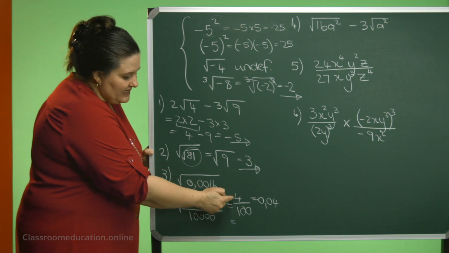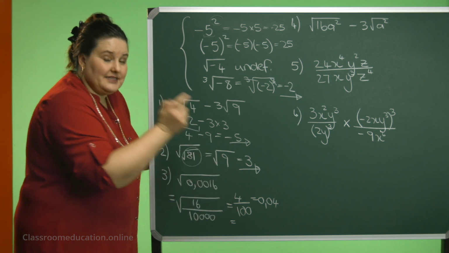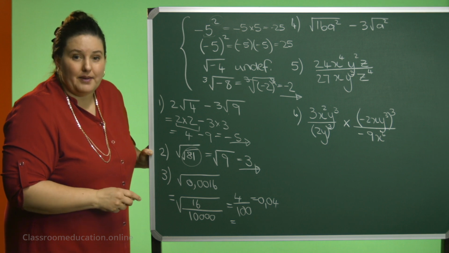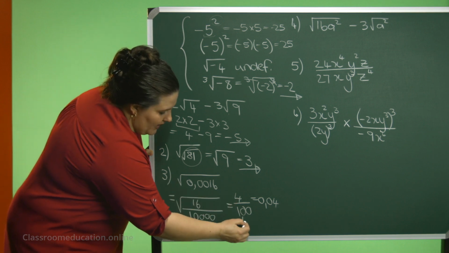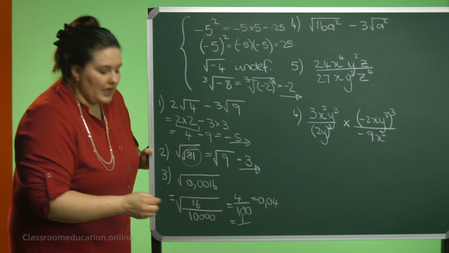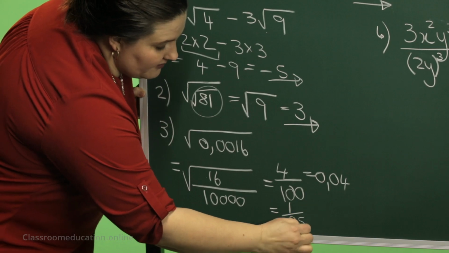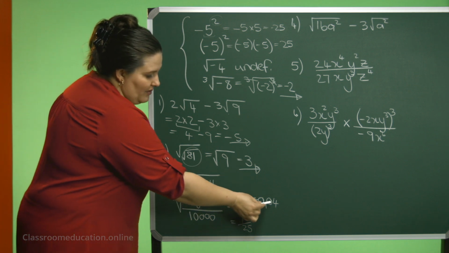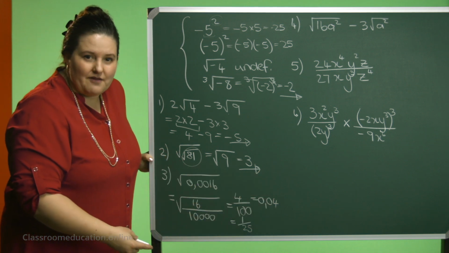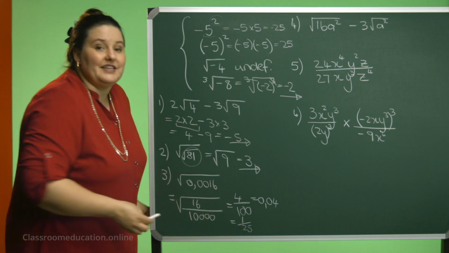So, what can divide into 4 and into 100? That's the same number. A 4. 4 can go into himself once, and 4 can go into 100 25 times. So, boys and girls, you can see that 0,04 is exactly the same value as 1/25.